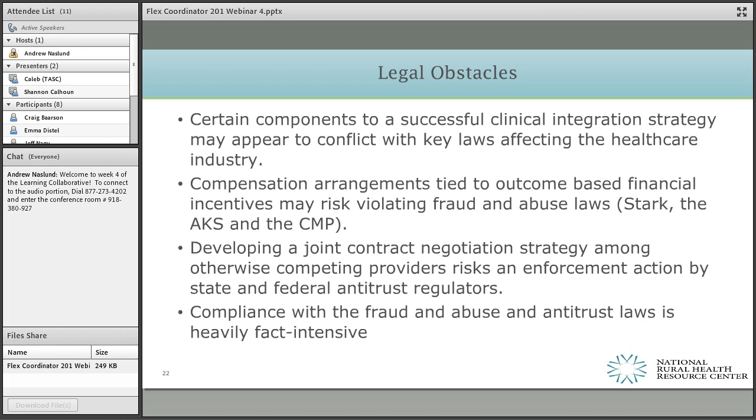If you are engaging in joint contract negotiations, which I'm very familiar with, I actually work with a rural network that does group payer contracting. And if you are joint negotiating with competing providers, you have to be very, very close to and within the antitrust FTC guidelines. So those are barriers in and of themselves, but as rural providers, having volume, having the ability to engage in the cost of these could be an even bigger barrier.